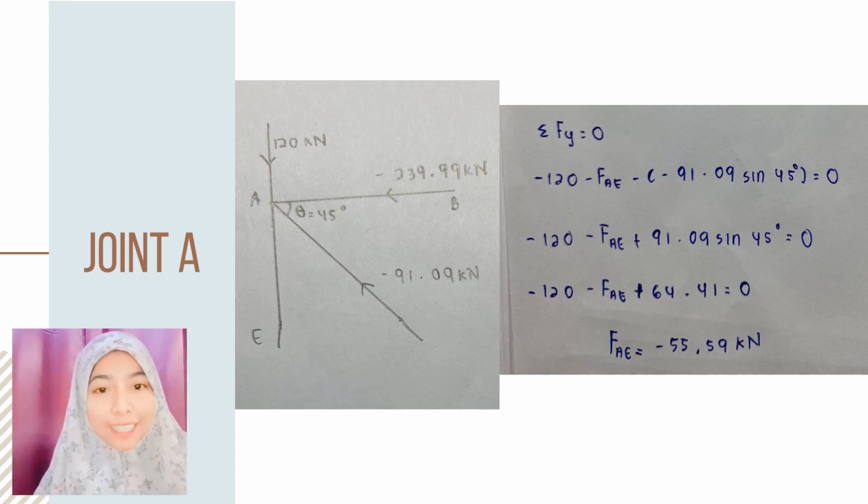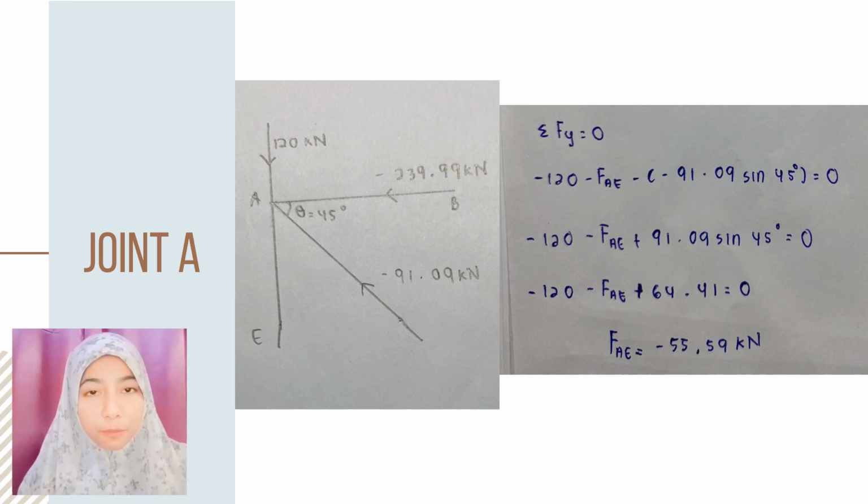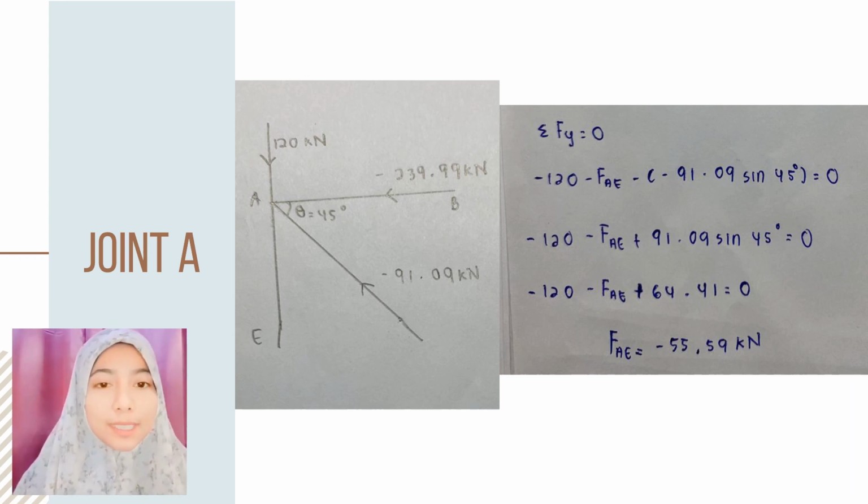For joint A, this shows the free body diagram of points A, B, and E, at an angle of 45 degrees, which we calculated from the angle done.